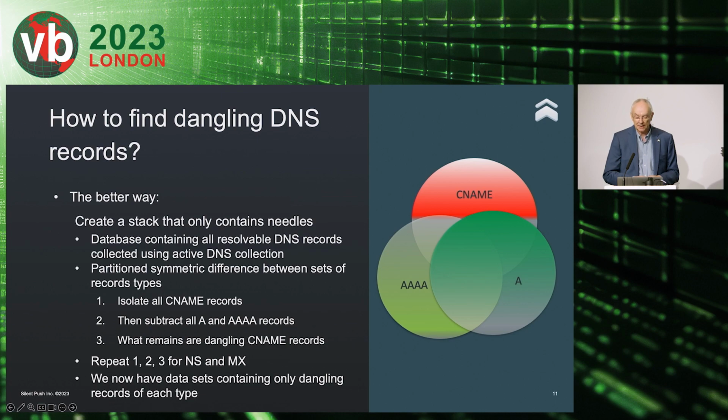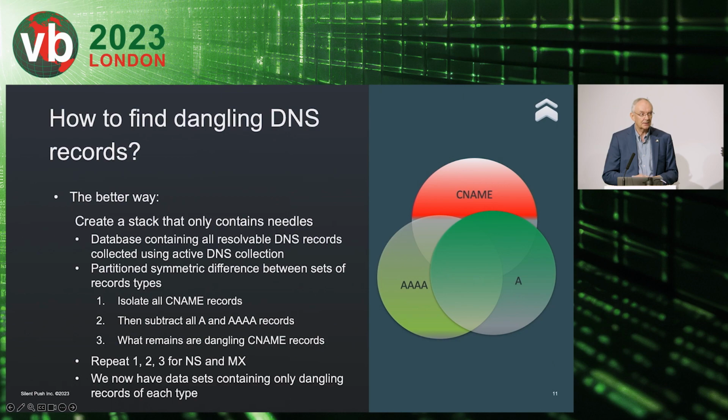In the case of a CNAME dangler, they should all resolve to either A records or quad A records. So we take all the CNAMEs and subtract all of the A records, because ideally that should resolve to an empty set. There should be nothing left once we've subtracted all of those.